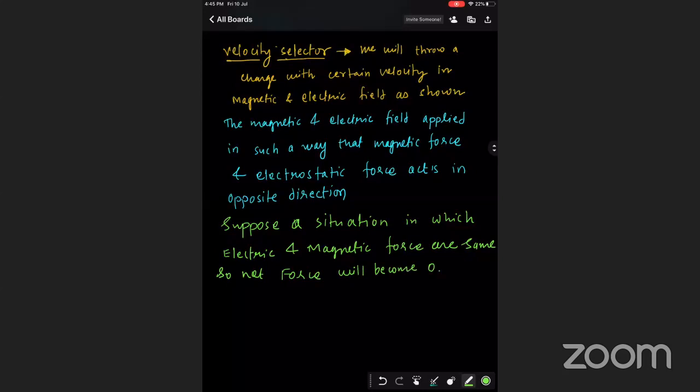And if net force becomes 0, then what will happen? The charge will move undeflected.